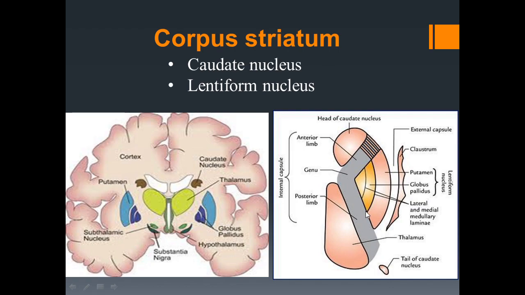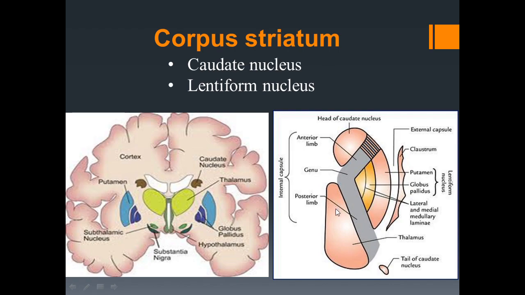Now this is the schematic representation of this diagram. It shows the relations of the thalamus and the corpus striatum. Here this is the thalamus, this is the caudate nucleus, and this is the lentiform nucleus.